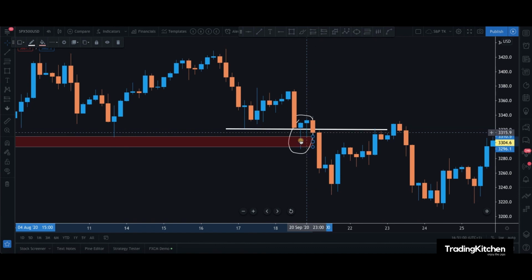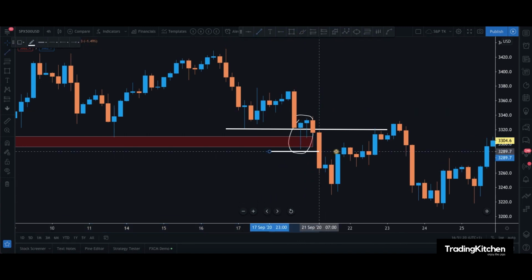Even if the shadow was good, the zone was good because it was created on the support, it is not good for trading. And maybe this is a stop loss. That's why the pin bar for me is not so relevant.